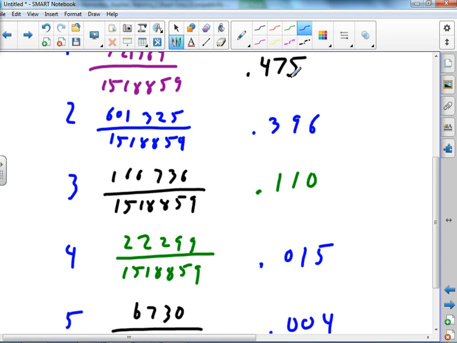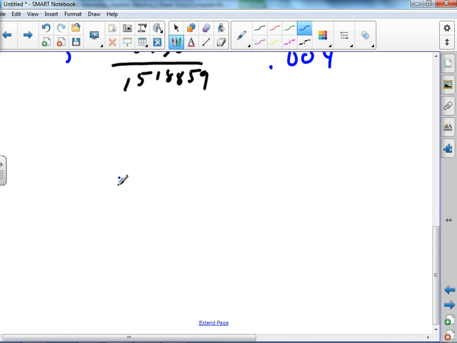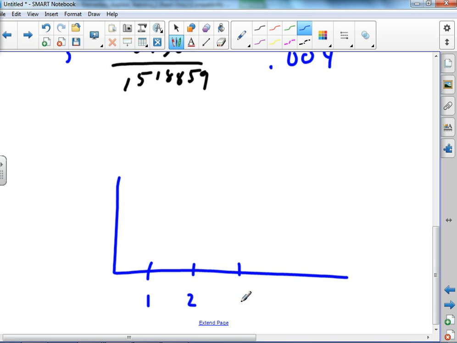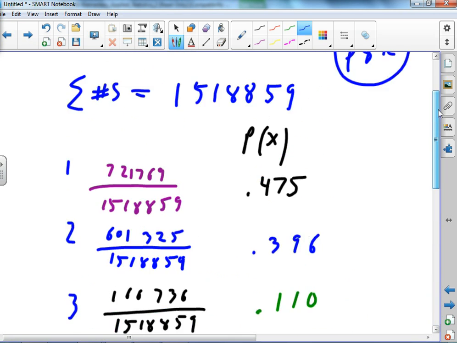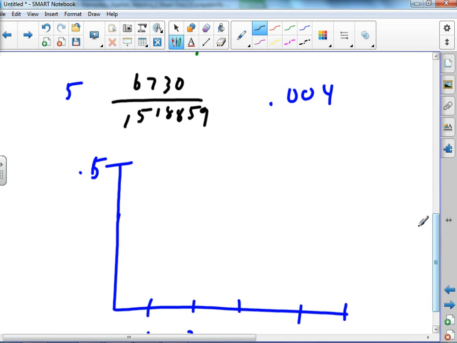No, what we'd want to do is we'd want to make a graph. 1, 2, 3, 4, 5, and that could be 1 up there. Well, that can be 0.5 up there, and then we could go boom.